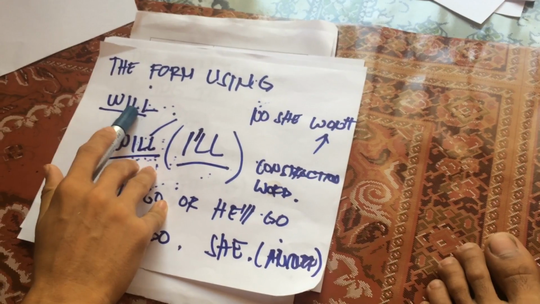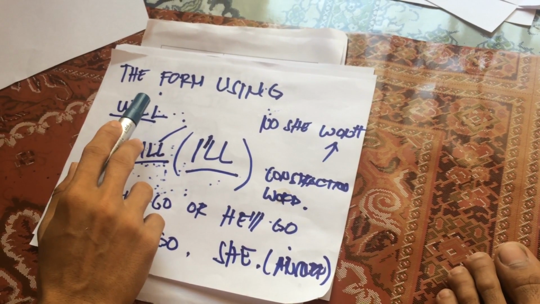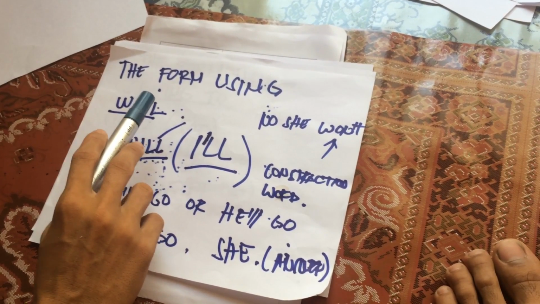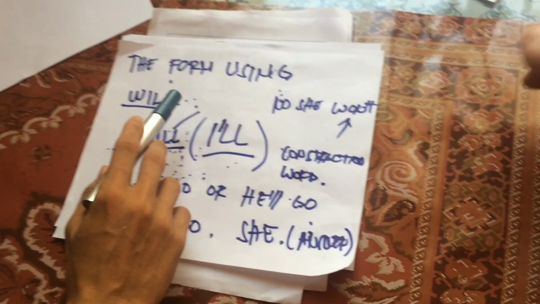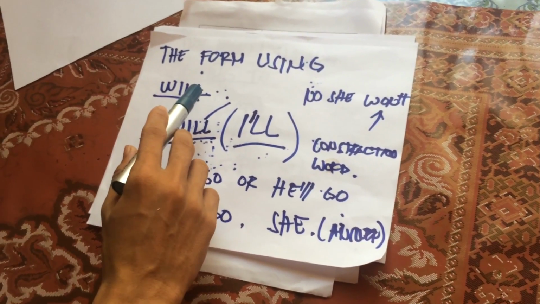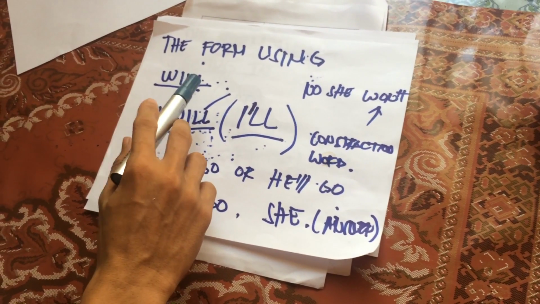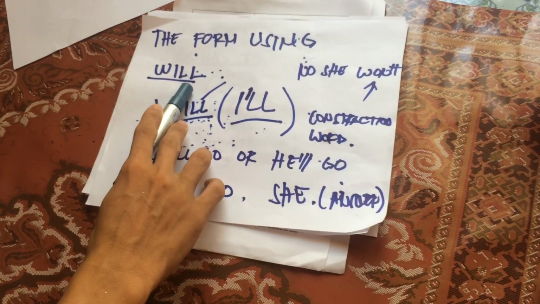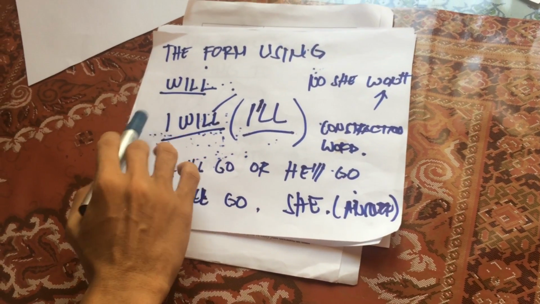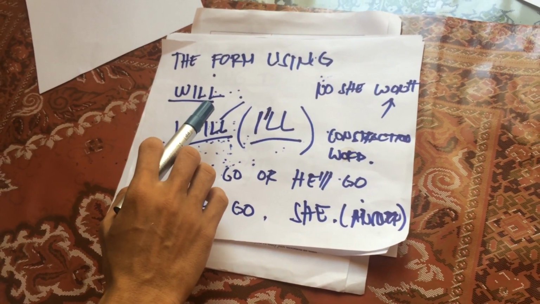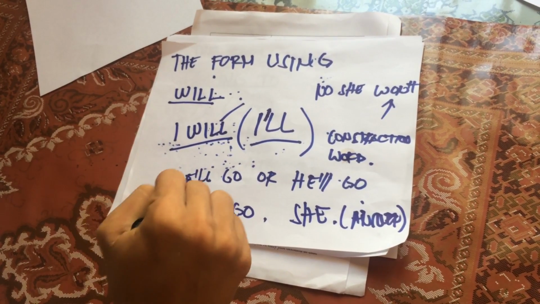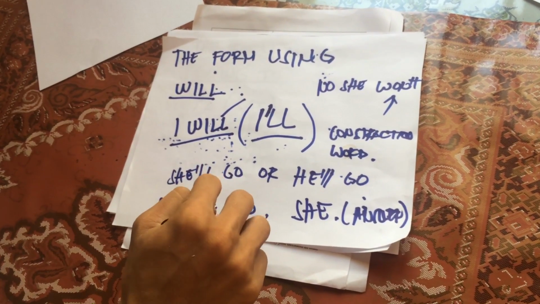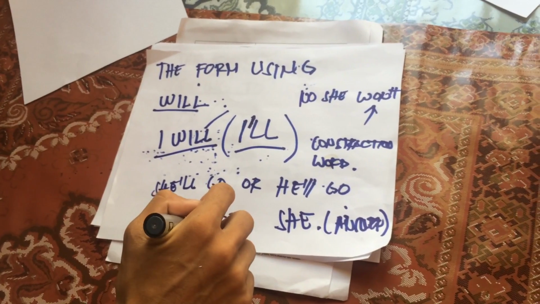Now, let's take a look at how to make a question in the future simple tense using will. Yes or no questions are questions that can be answered using yes or no. To do this, we take the helper verb will and move it to the front of the sentence. Now, we have a question. Will she answer the phone?